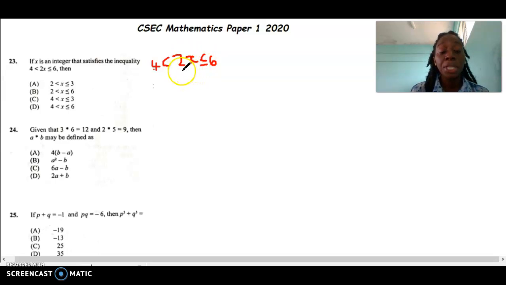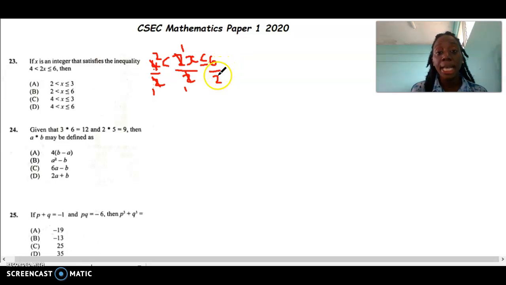In order to do so, I realize that I have 2 being multiplied by x. So therefore, I will divide through by the coefficient of 2, on the right hand side and also on the left hand side. Now, 4 over 2: I can get 1 set of 2 out of 2 and 2 sets of 2 out of 4, leaving x.